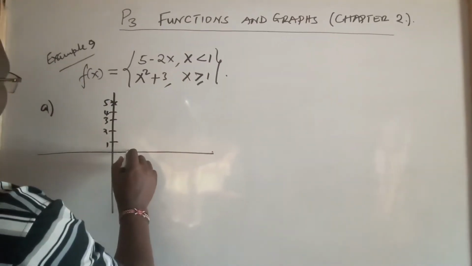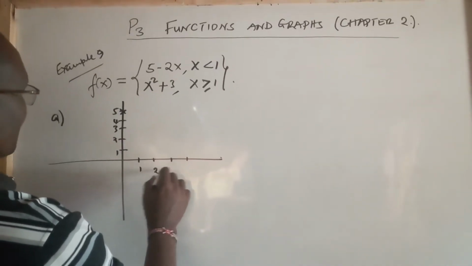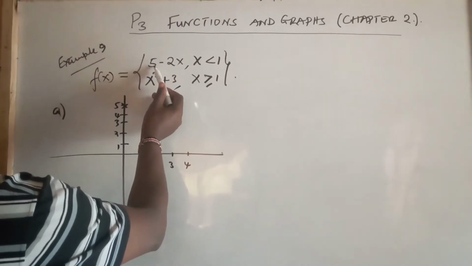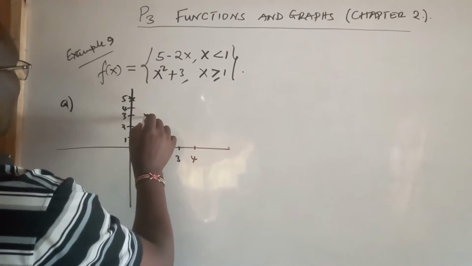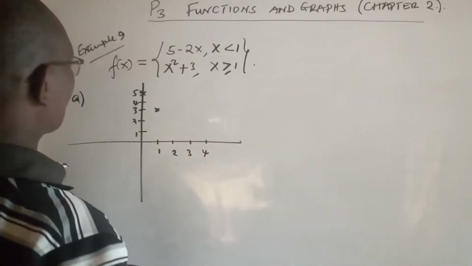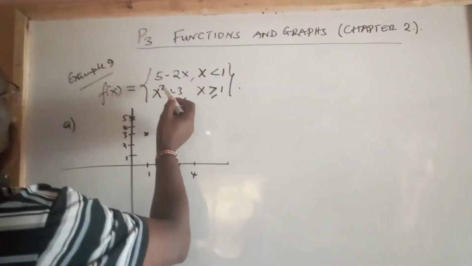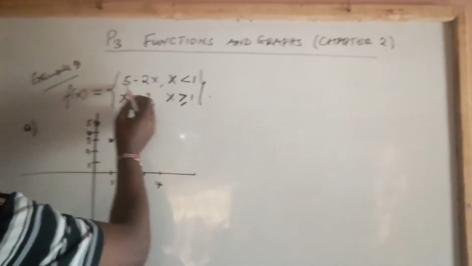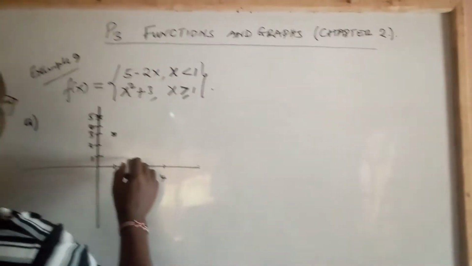When x is 1, then you're going to have 5 minus 2, which is 3. When x is 2, y is 5 minus 4, which is 1.